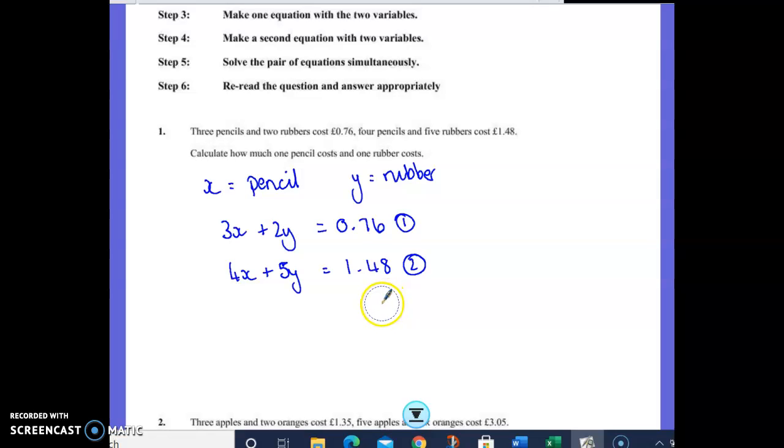Now we're back to solving equations the exact same way as we have done before. So I've got a 2y and a 5y. Smallest number 2 and 5 go into is 10. So I want to times this one by 5, this one by 2.